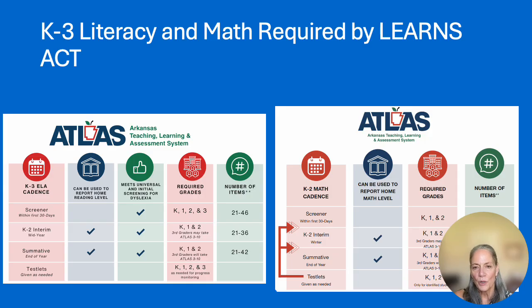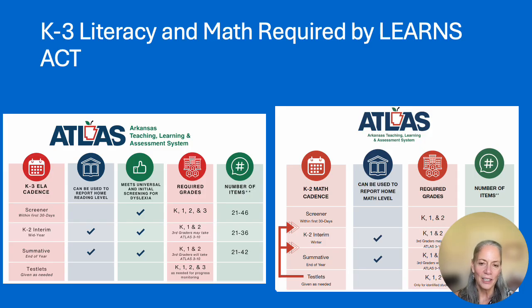These screeners are required for literacy for all students in K through 3 and in math for K through 2. And these two charts that I grabbed from the Division for Elementary and Secondary Education give you a sense of the different components of the system and when they're given and what parts of the law they meet, and what is required and what isn't required.